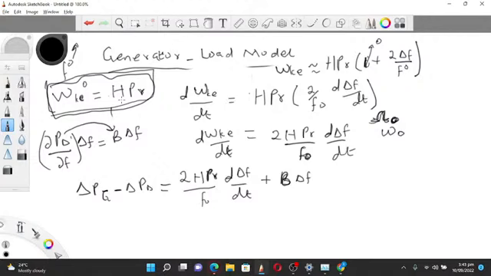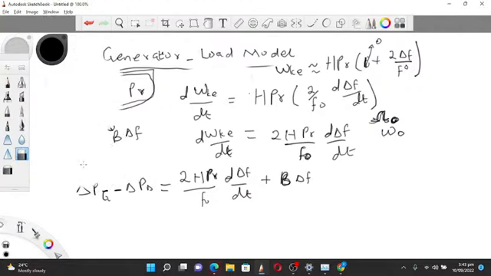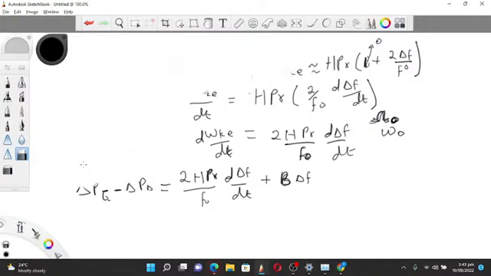However, the time from sensing the frequency to the time the power will change, that's the governor time lag. If we're able to understand these terms, then we can move on.